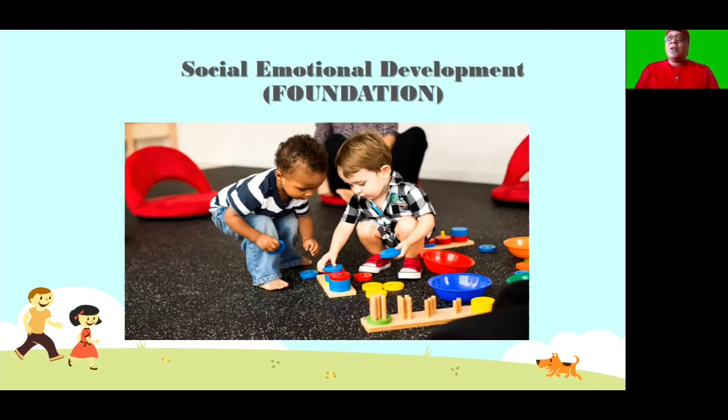If a child has the ability to properly interact with others, can maintain self-control and regulation when things become difficult for them, that child has 10 times more of the ability to conquer the next four domains of development that we are going to cover.